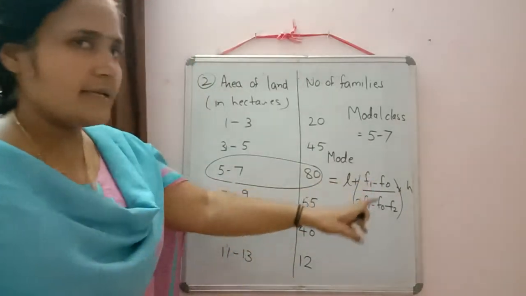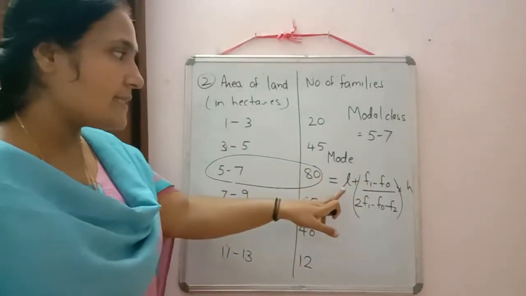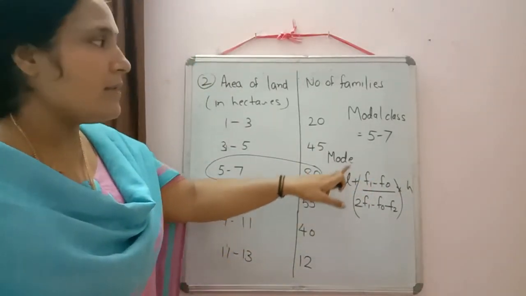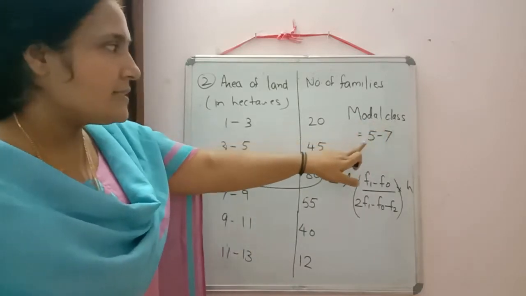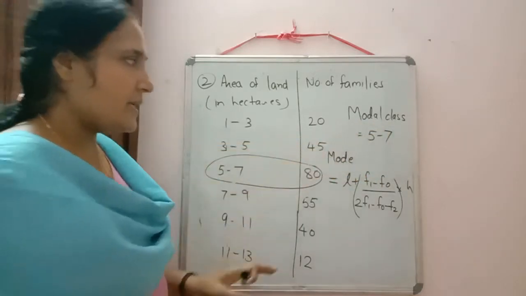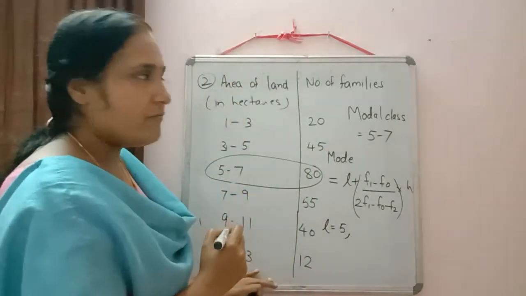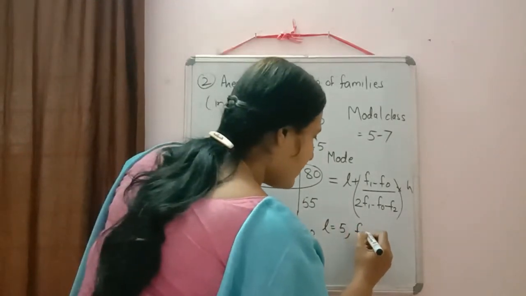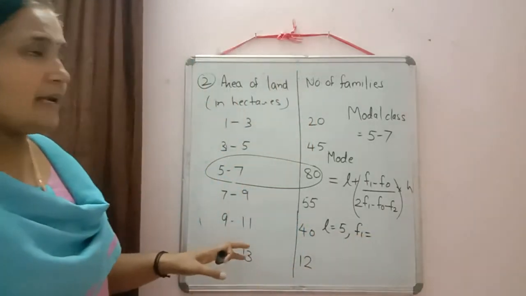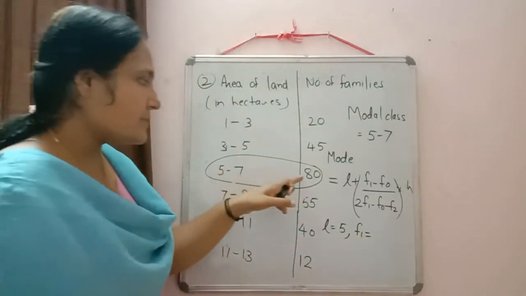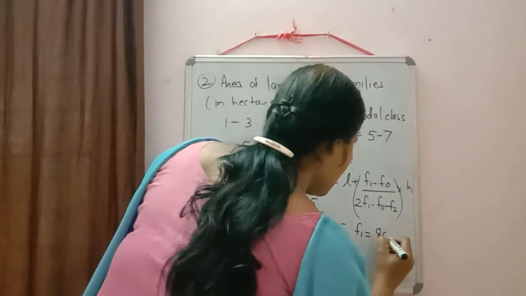Now all these things first we can write down. What is L? L is the lower limit of the modal class. This is our modal class. Lower limit is 5. So L is equal to 5. F1 means frequency of the modal class, which is 80.